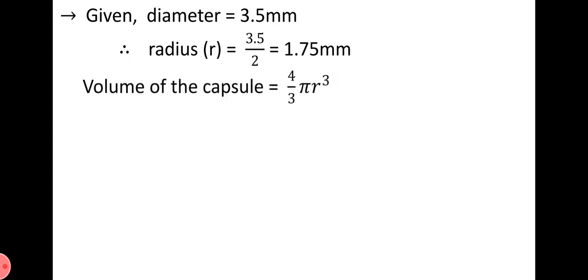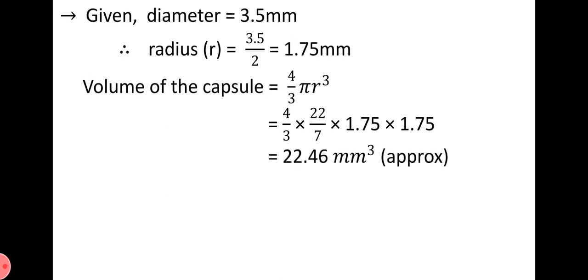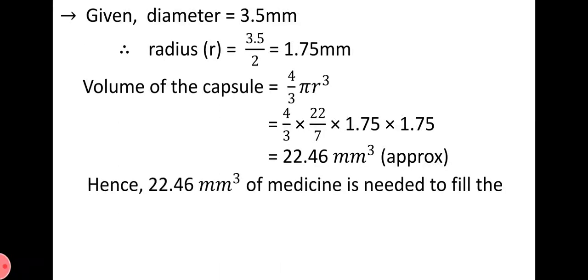Now volume of the capsule equals 4 upon 3 pi r cube, that is equal to 4 upon 3 into 22 upon 7 into 1.75 into 1.75 into 1.75, which is approximately 22.46 cubic millimeter, because on solving we get many decimals, but we write only 2 decimal digits. Hence 22.46 cubic millimeter of medicine is needed to fill the capsule.